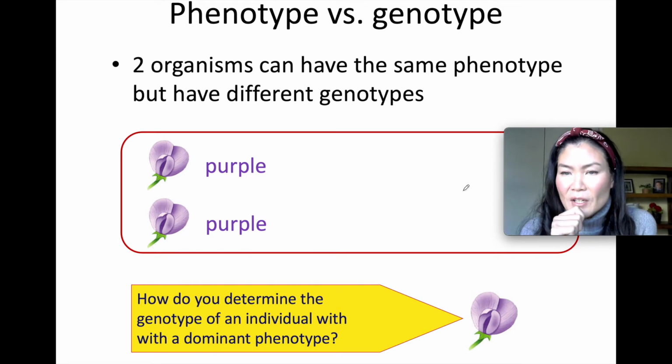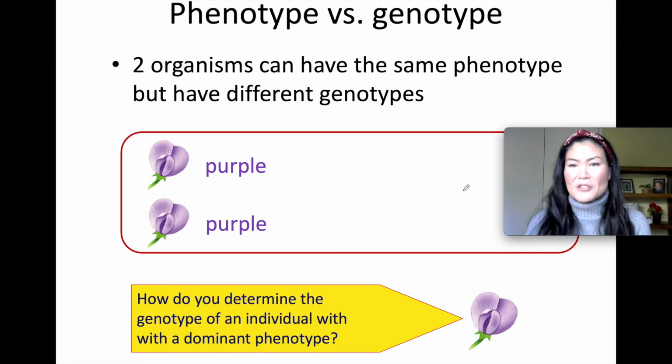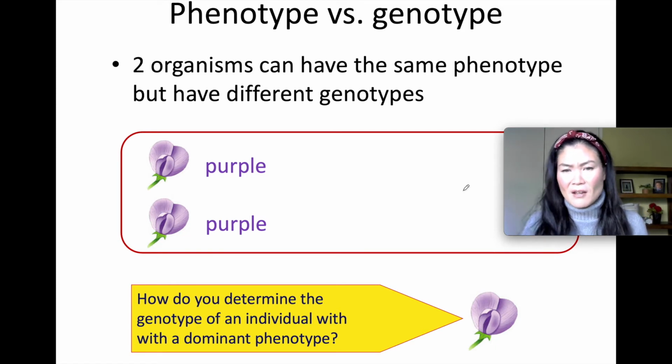So again, phenotype is the physical appearance. Genotype is the two genes that an individual inherits from their parents. Two organisms can have the same phenotype, the physical appearance, but have different genotypes. For example, if we have two purple pea plants, they have the same phenotype, but they might have different genotypes.